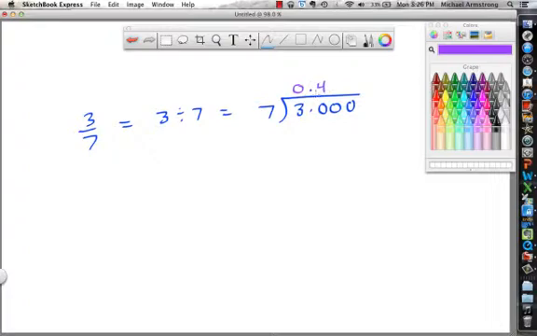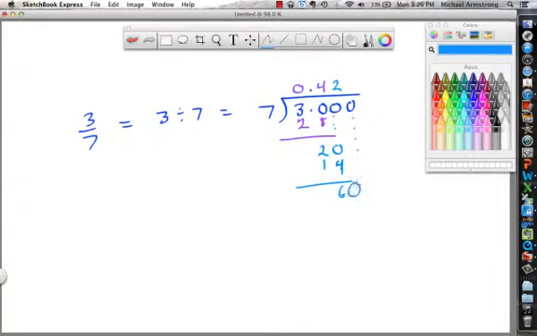Yes. 7 times 4 is 28. 30 take away 28 is 2. So we get 2 left. Bring down our 0. 7 goes into 20. Not 3 times. That's too many, so we have to go twice. That's 14. And then we have 6.